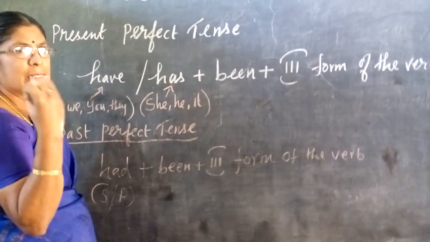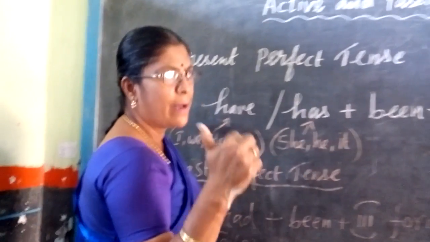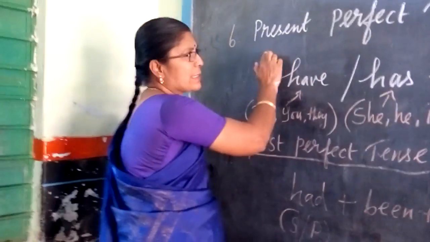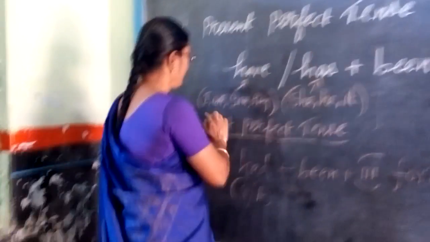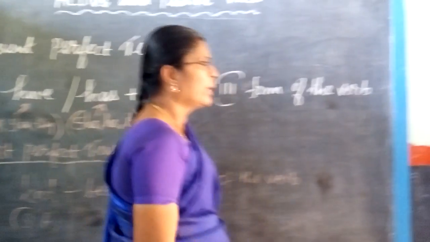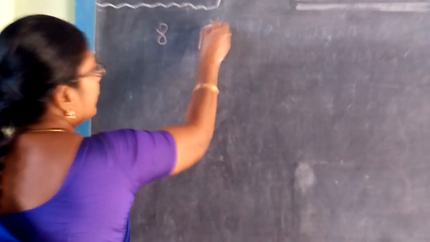Simple present tense, simple past tense, simple future tense, present continuous, past continuous, there is no future continuous. Next, present perfect tense. Now 7th one, past perfect tense. 8th one, future perfect tense.